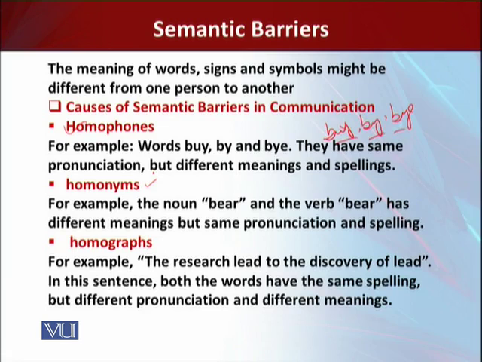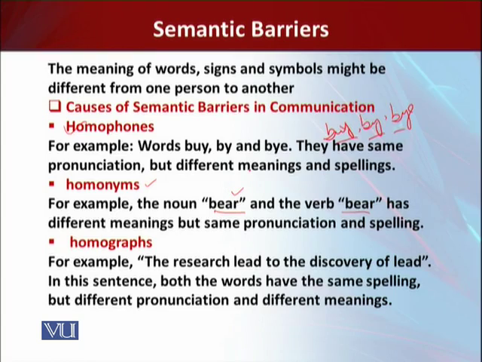Second is homonyms. Homonyms are the words which have the same pronunciation and their spellings are mostly the same, but the intended meaning is different. For example, the noun bear and the verb bear have different meanings, but the same pronunciation and same spellings.